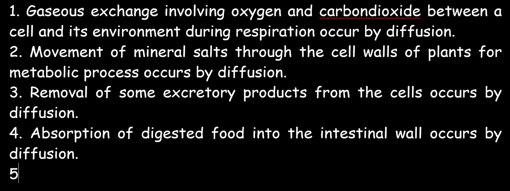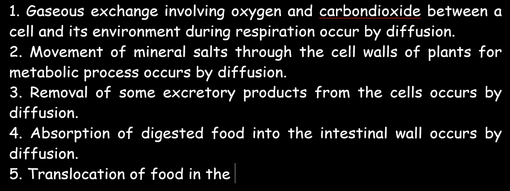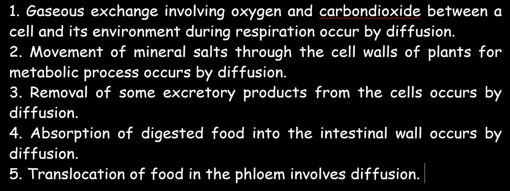5. Translocation of food in the phloem involves diffusion. The phloem is located in what? In plants, and it is in the phloem that food is translocated. This process occurs by what? By diffusion. 6.